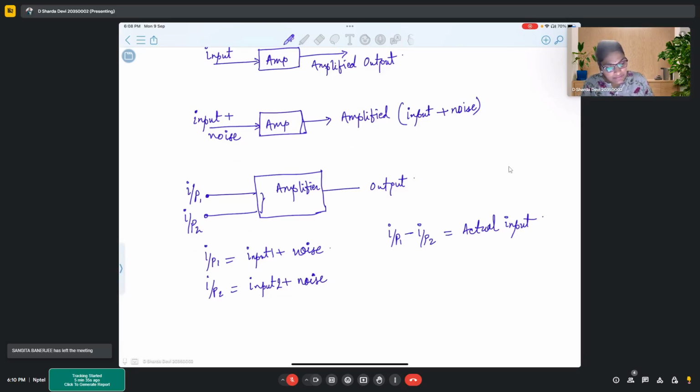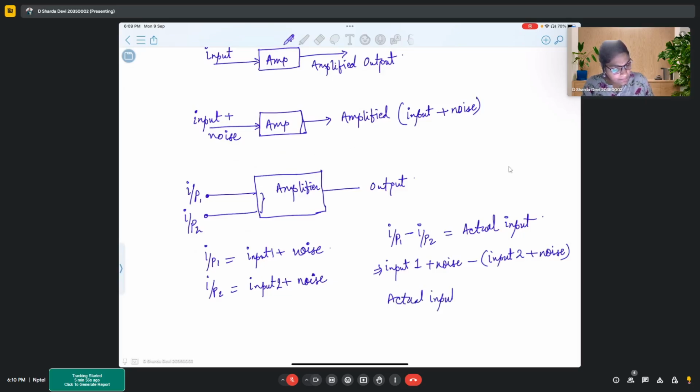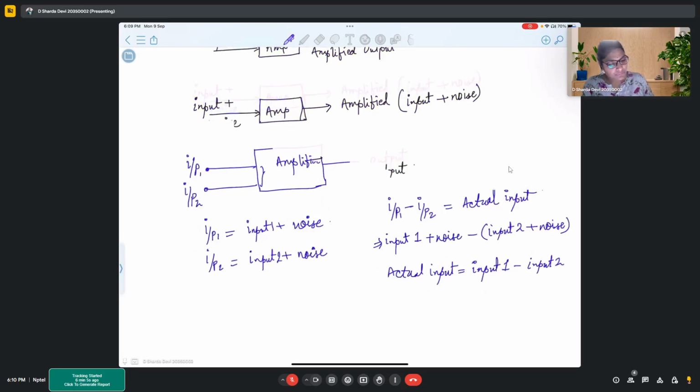When you do this, you will have input 1 plus noise minus input 2 plus noise, so the actual output turns out to be input 1 minus input 2.